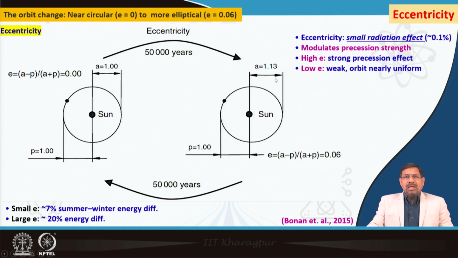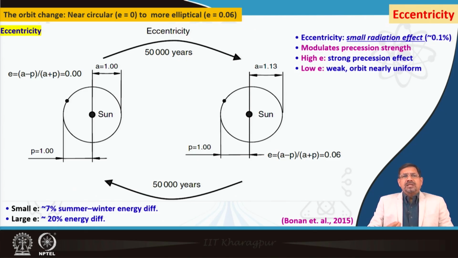So, at 1 lakh years this eccentricity varies. What is the take-home, or what is the impact of this variation as far as the eccentricity of Earth's orbit around the Sun is concerned?